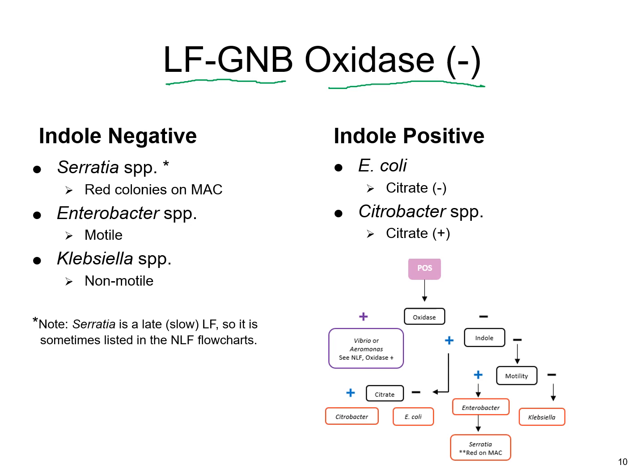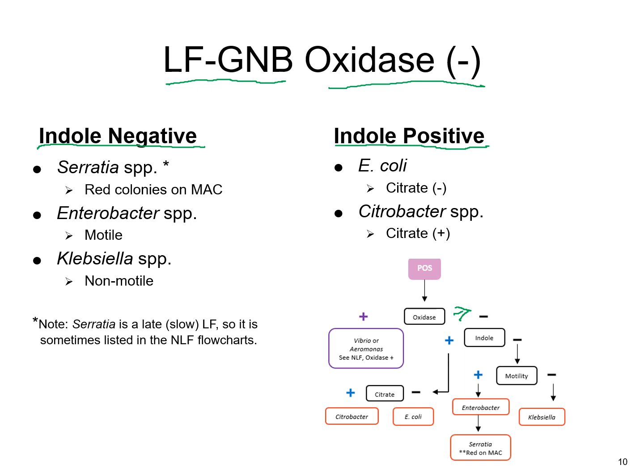With our oxidase negative, we would then do an indole test. So once we do our indole test, we determine if it's positive or negative, and then that helps to narrow down these organisms based on that indole reaction. And so once we determine it's indole positive, we know that we're looking at an E. coli or a Citrobacter, and then we can do some other tests to differentiate them, for example, a citrate.